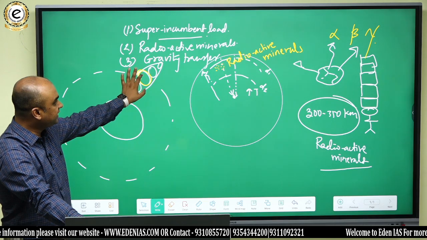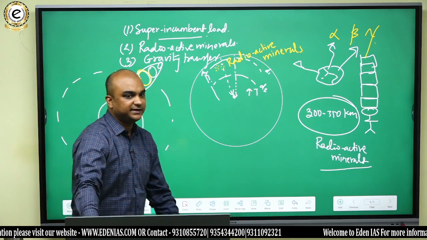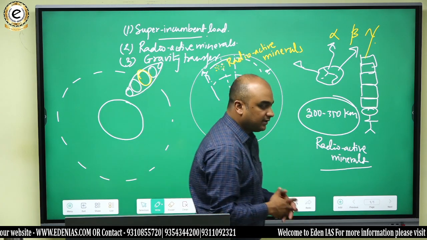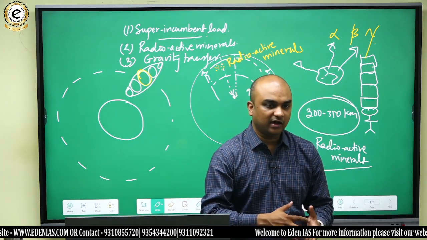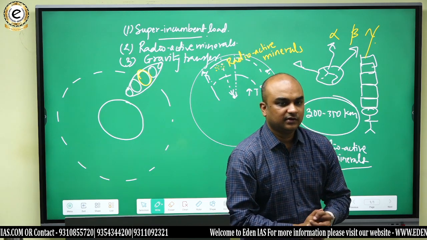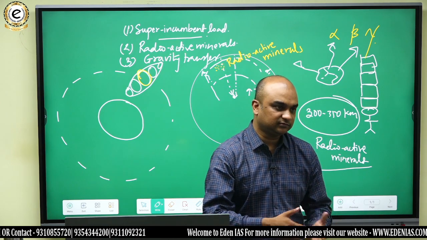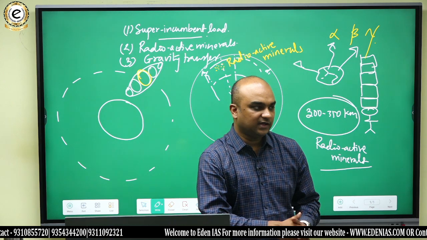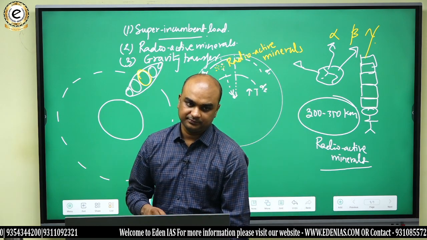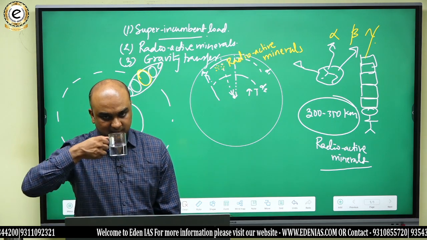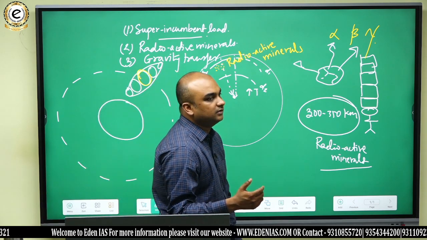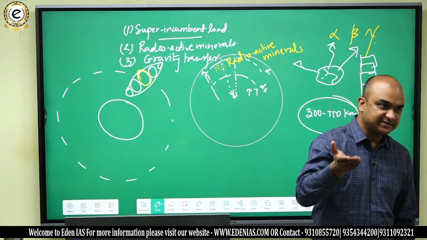Third, or C, you write gravity transfer. Put a hyphen and write, as the earth was cooling down, heavier elements sank, S-A-N-K, sank to deeper levels, whereas the lighter elements moved towards the surface.